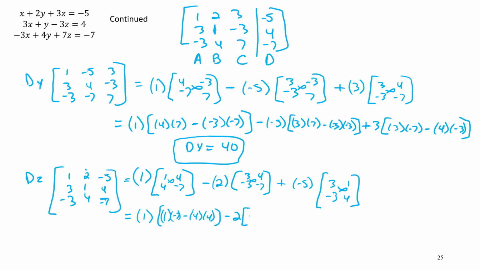Then we would get 2, and then we would have 3 times -7 minus 4 times -3, plus -5, and we would get 3 times 4 minus 1 times -3. And d of z would equal -80.